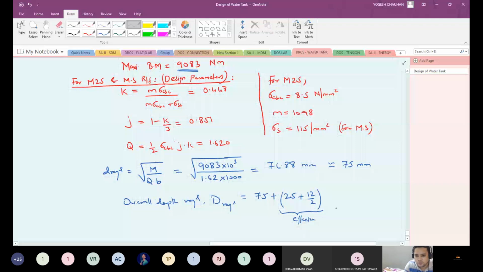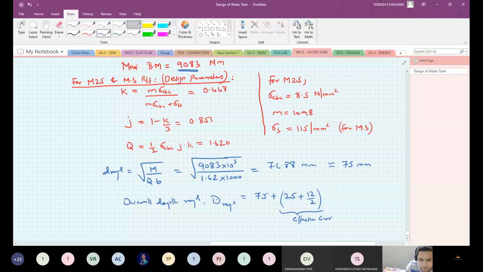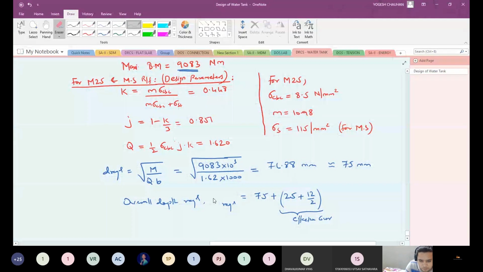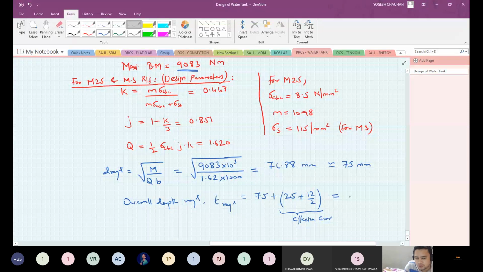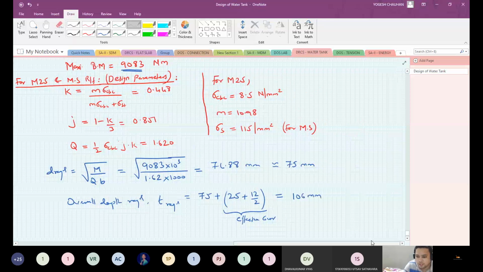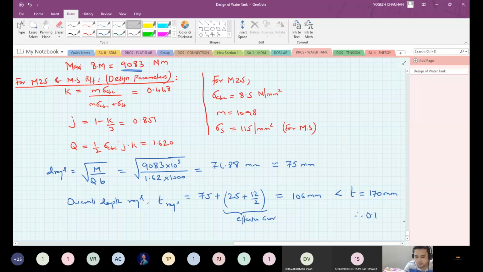We call this T required because we have used the term T required. So this T required comes out to be 106 mm. And as per our initial assumption, the T provided is 170 mm. Therefore, okay.